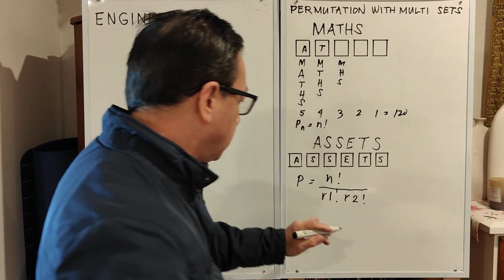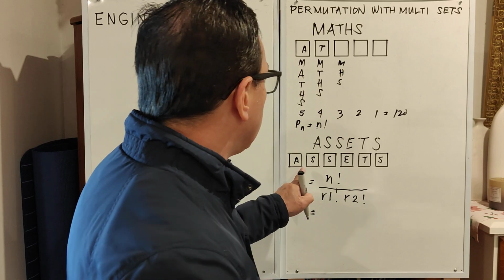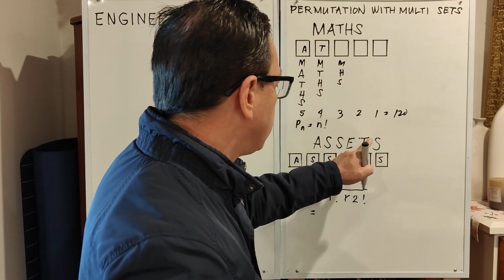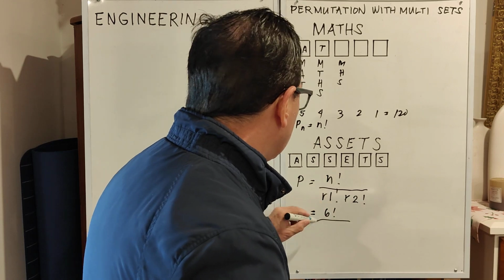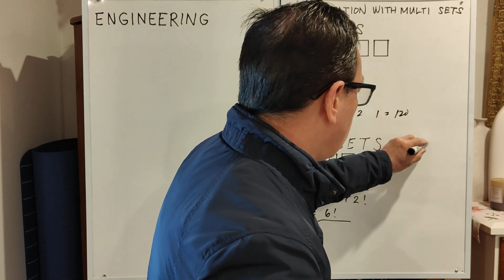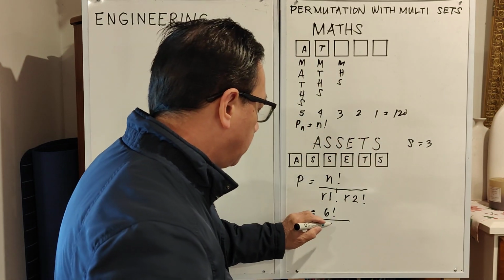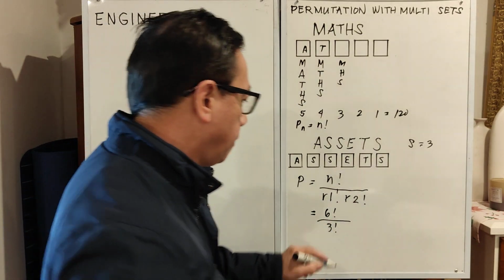In this case, we have 1, 2, 3, 4, 5, 6 letters. So it will be 6 factorial over, S has 3, so the denominator will have 3 factorial.